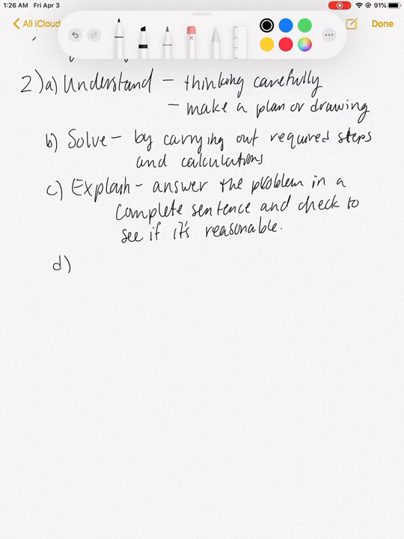Okay, so some useful information will be that there's a point on the Earth, on the equator, that travels 25,000 miles in 24 hours. So what we want to do is we want to understand first.